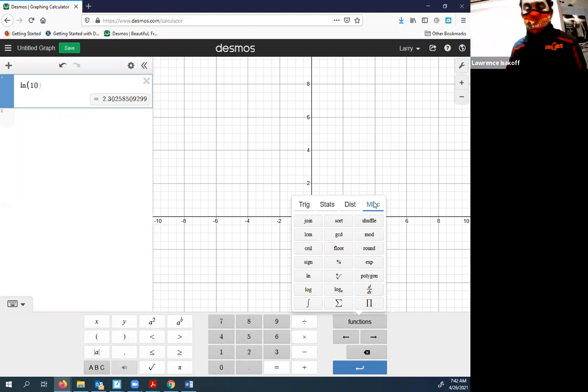2.3026 is where I would round it, just to be a little more precise. Just because when we're talking about exponential functions, they grow awfully quickly. So the more precise I am, the better. So I'm going to go 4 decimal places on it, 2.3026.